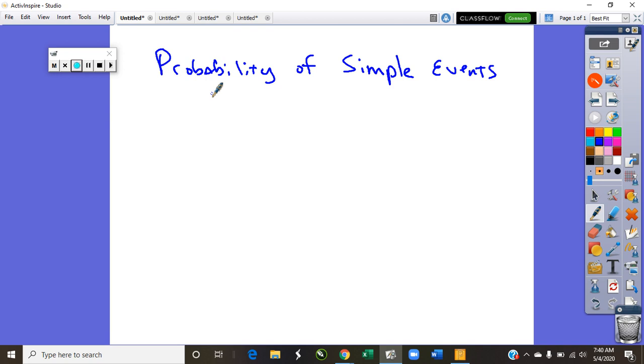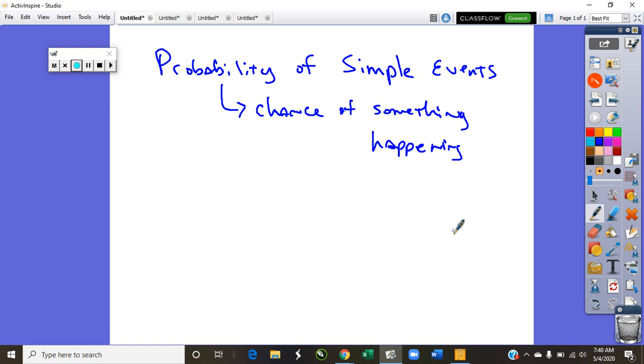What we're going to do is transition from those word types of probability and move into actual number probability. Now the probability is basically the chance of something happening. And the first thing that we're going to talk about with probability is what we call the probability ratio.